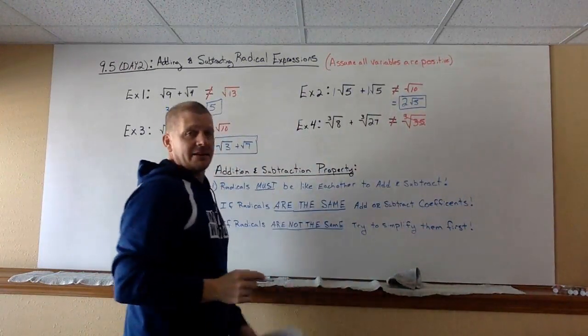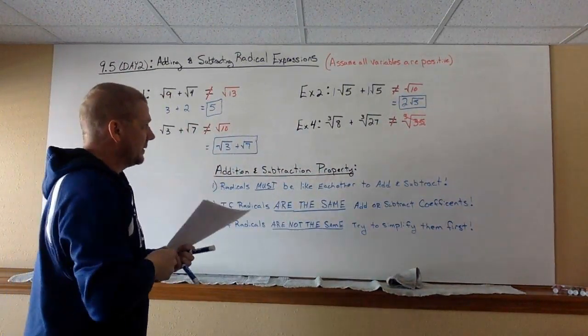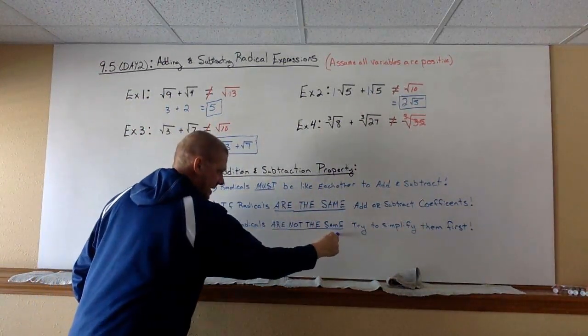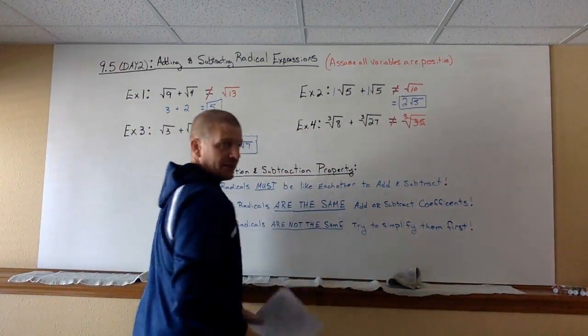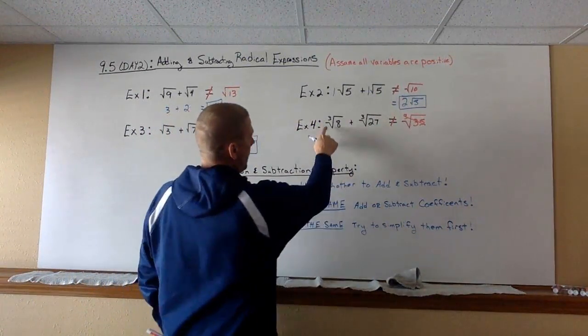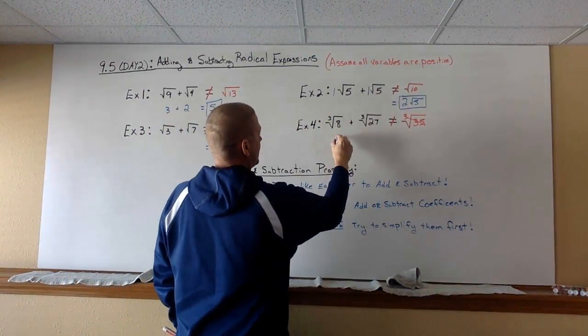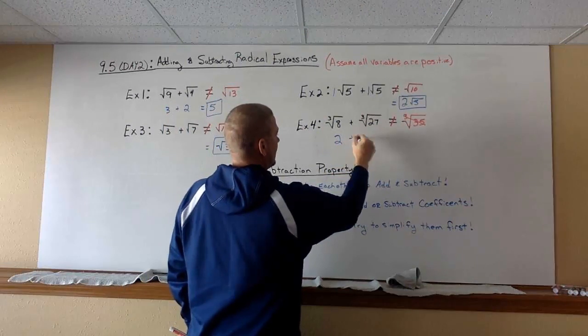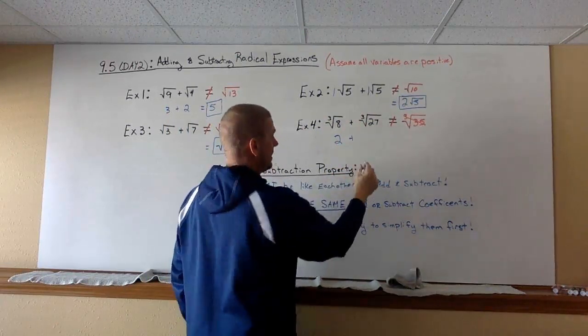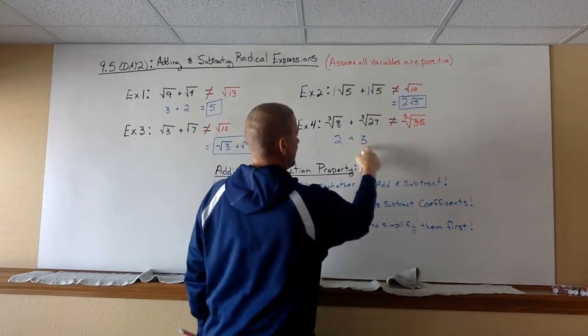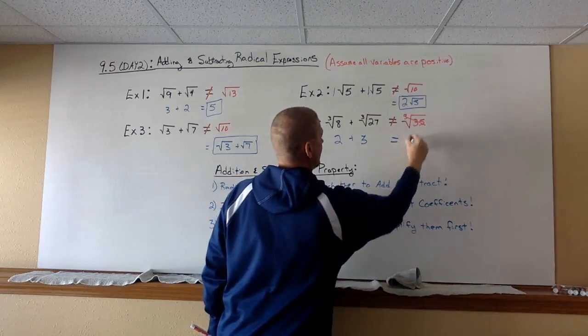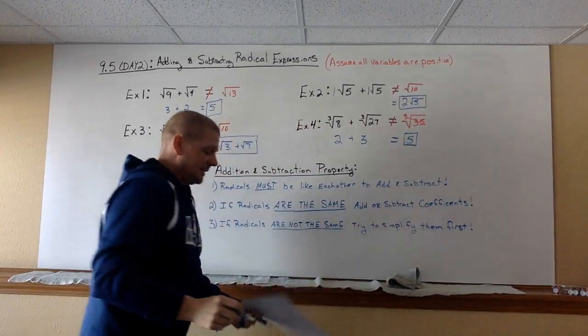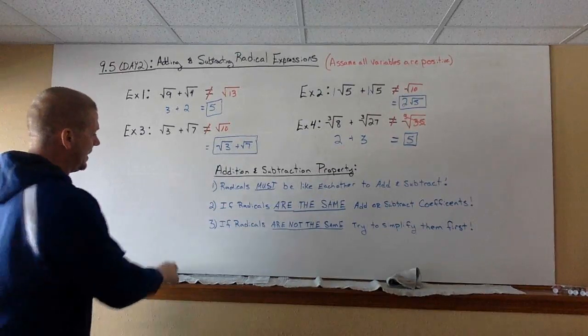No, can't be that. What we need to do, if they are not the same, is try to simplify them first. So, cube root of 8, I know that is 2, plus the cube root of 27, I know that one too, it's 3, and 2 plus 3 actually equals 5. Make sure you get these rules.